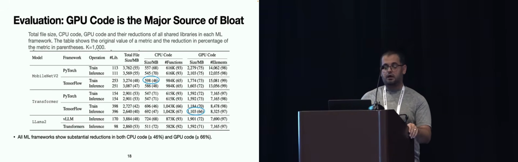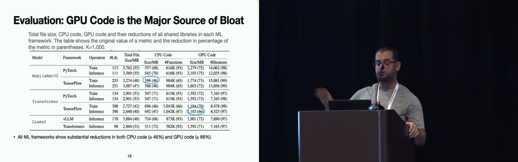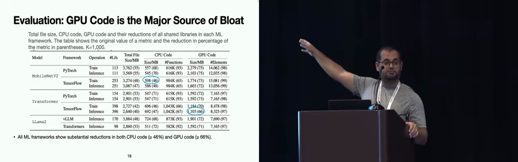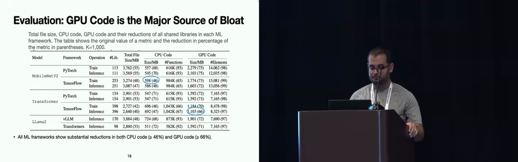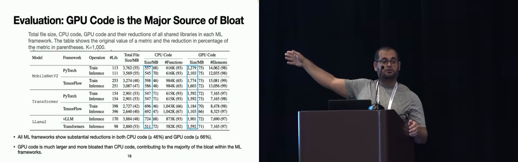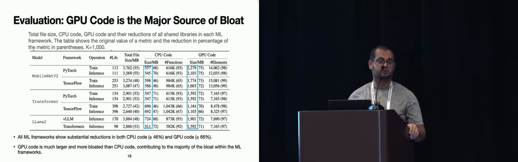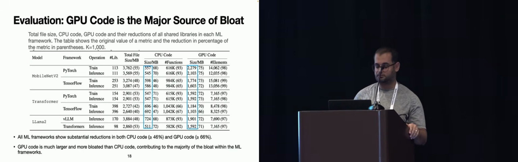The numbers between round brackets represent the reduction percentage, either for CPU code or for GPU code. You can see here the tool achieved around 66% reduction. Also, you can see the amount of code contributed by CPU and GPU code. And as you see clearly, the majority of the size of the code is coming from GPU code.